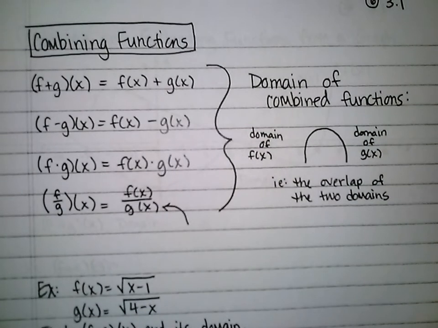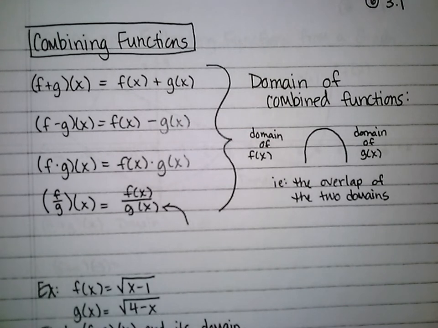When we combine functions, the domain of the combined functions is the domain of each inputted function, which is the overlap of the two domains. So we have to look at kind of 3 things. We have to look at each of the original restrictions and the domain of the final function.